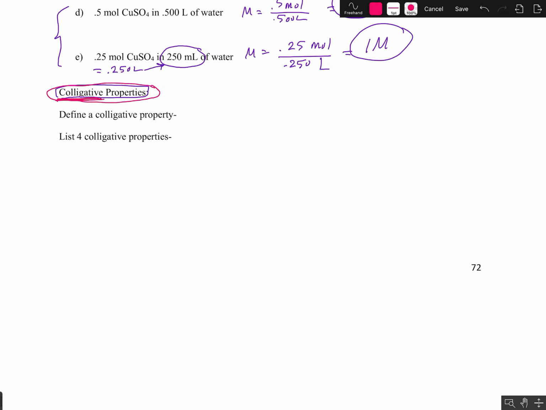So let me give you a definition, then I'm going to give you some examples, and we're going to talk about one or two of those examples on the video today. So first of all, let's define a colligative property.